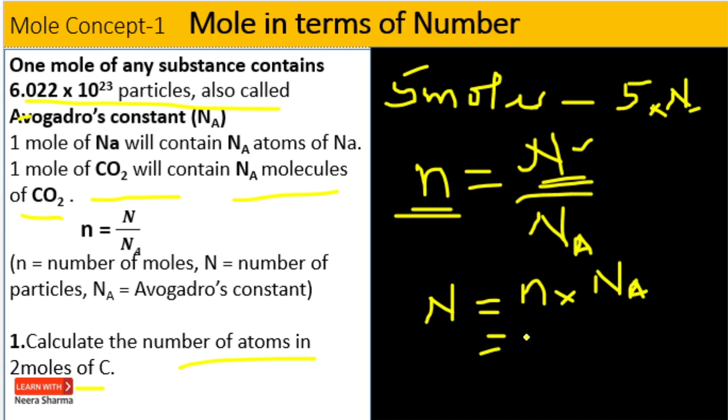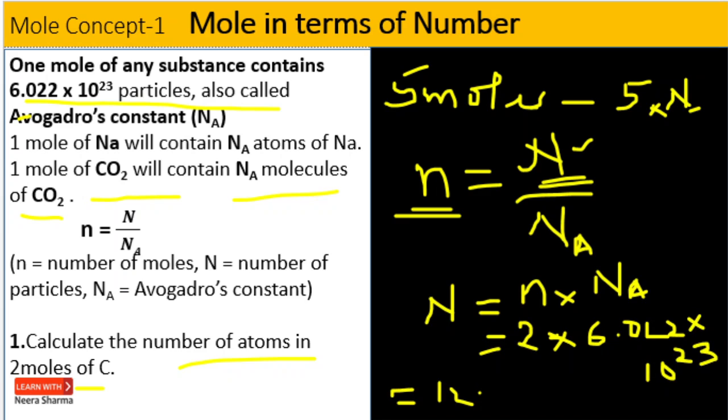So 2 into Avogadro's number, 6.022 into 10 to the power 23, will be equal to 12.046 into 10 to the power 23 atoms of carbon.